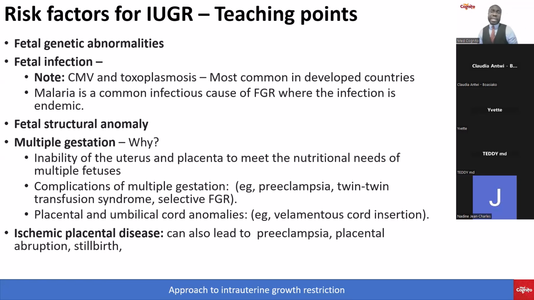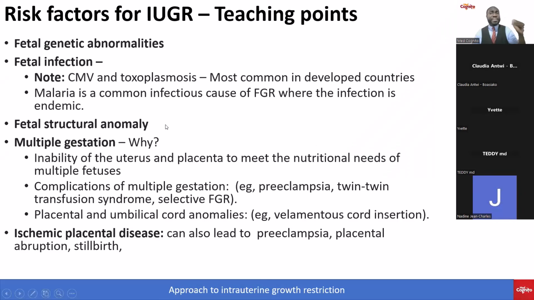The patient just arrived in Canada about a week ago. You are reviewing possible infections which can cause the condition. What is the most likely condition you should start thinking about? Even though here I've stated cytomegalovirus and toxoplasmosis, remember that it is the most common in developed countries.